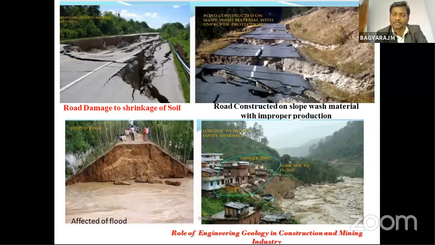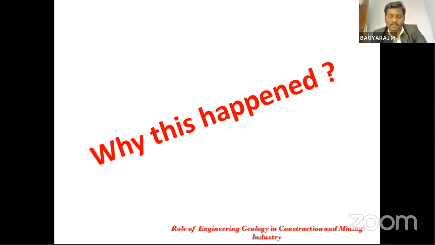The final one is a lack of morphological investigation. So this is what happens. Why does this happen? Because of the absence of proper pre-investigations and engineering geological knowledge. That's why it happens. Okay.